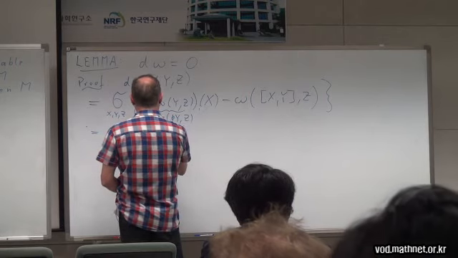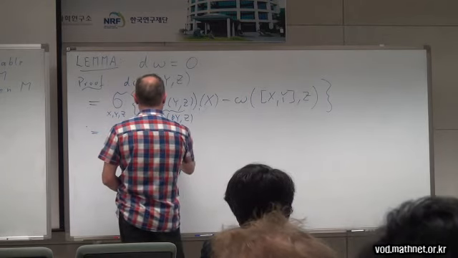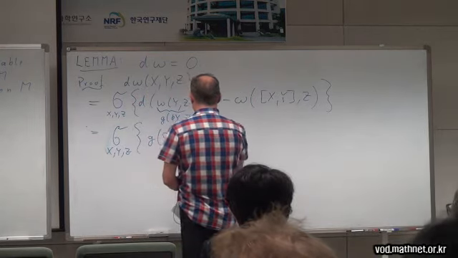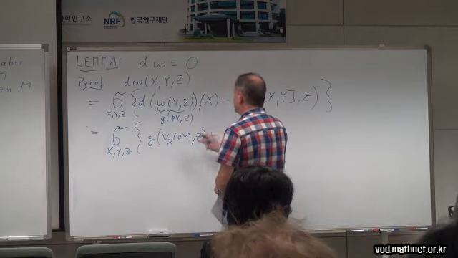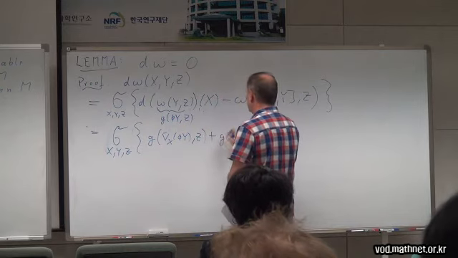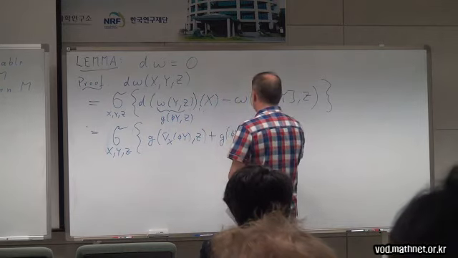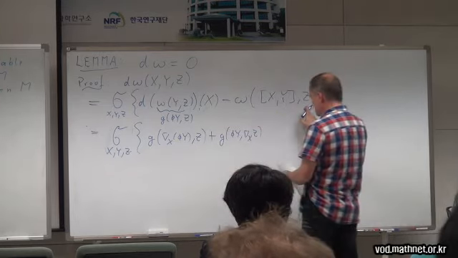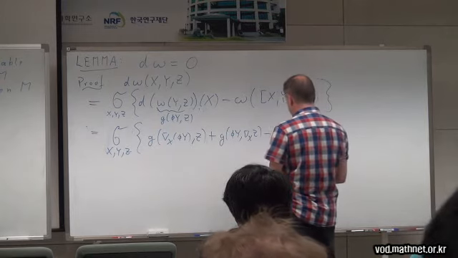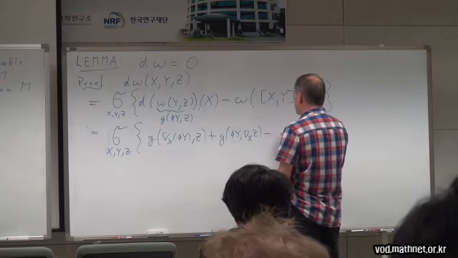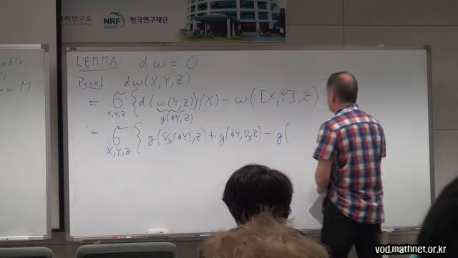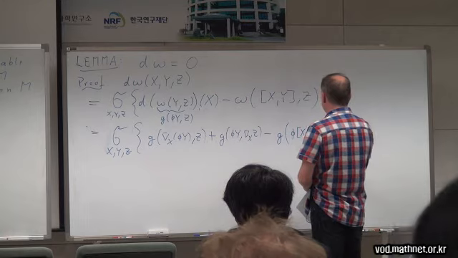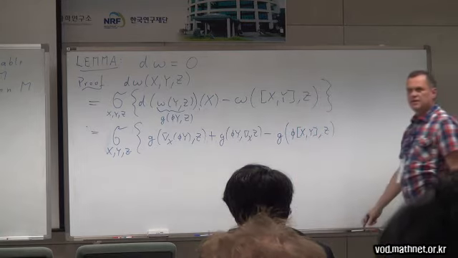So we first differentiate: g of (nabla_X phi)Y, inner product with Z, plus g of phi Y, nabla_X Z. So that gives this term. And then this one here is just minus g of phi of the bracket [X, Y] with Z by definition.